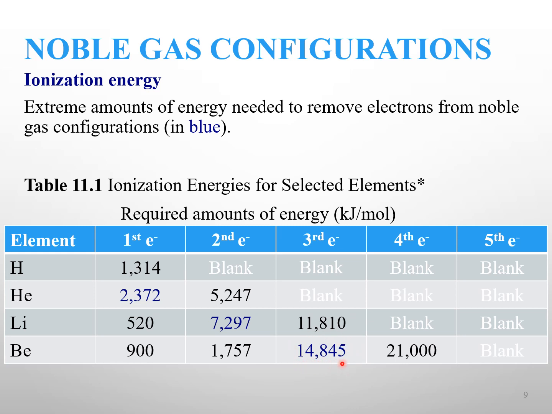See, almost 15,000 compared to about 2,000. As you go up the levels, it always increases. But once you remove all the valence electrons, the third electron here tells you this is the inside layer, the noble gas configuration. It's going to be a super big jump here.